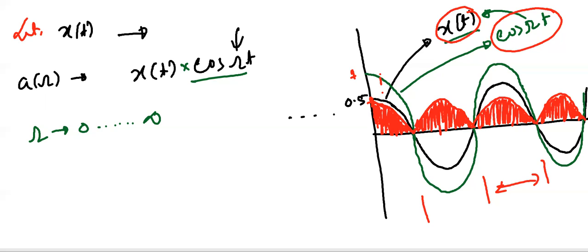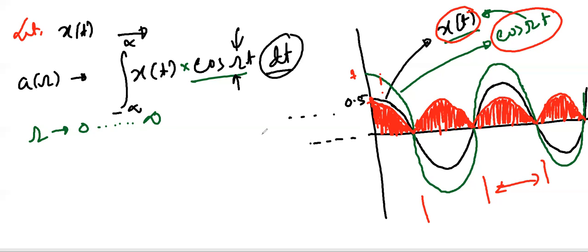Now after that, we need to go for integration from minus infinity to plus infinity with respect to dt. Here omega is a particular value, but the time frame is from minus infinity to plus infinity.